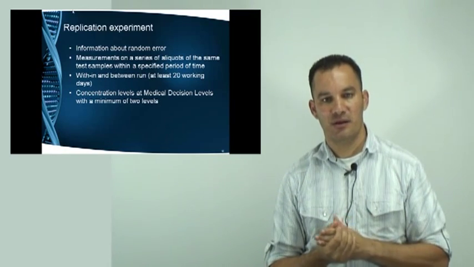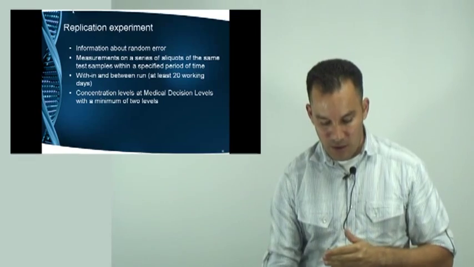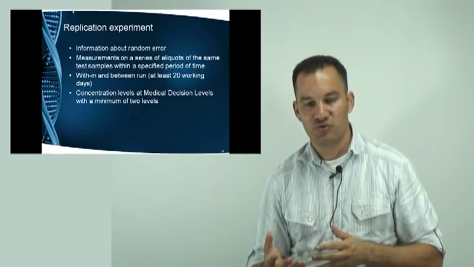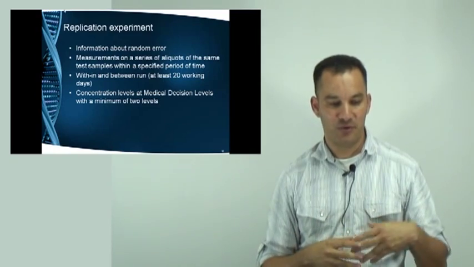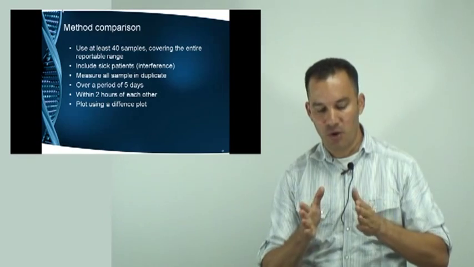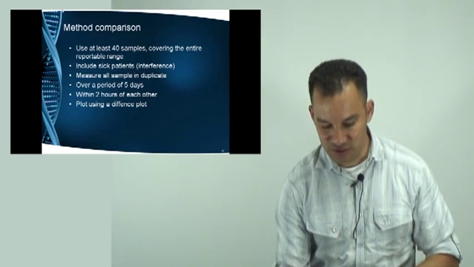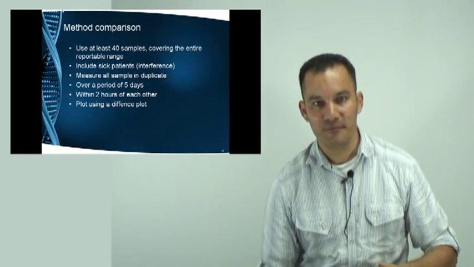It's not medically relevant, that decision level. But usually internal controls which are available from commercial vendors or from the supplier are already aligned with the medical decision levels, because otherwise people simply wouldn't buy them.